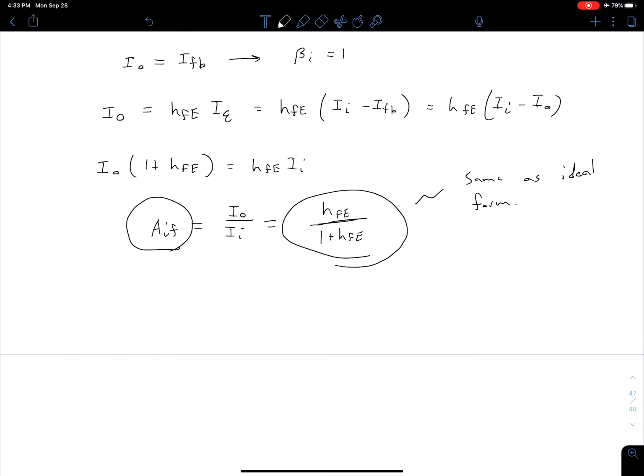And in this case, remember we noted that our beta sub I is equal to 1, and that means that our A sub I, or open loop gain, is equal to HFE to match our ideal form of AI divided by 1 plus beta I times AI.